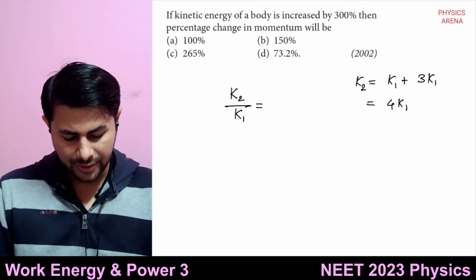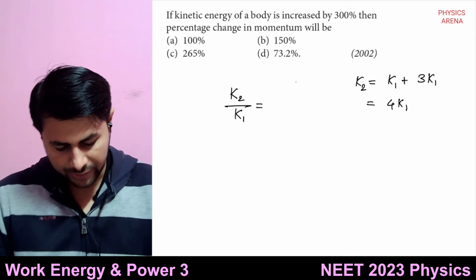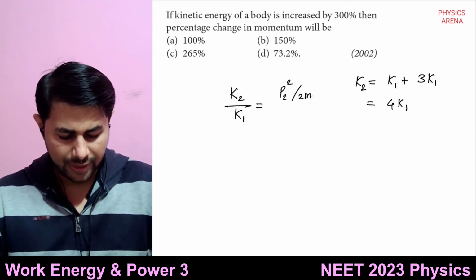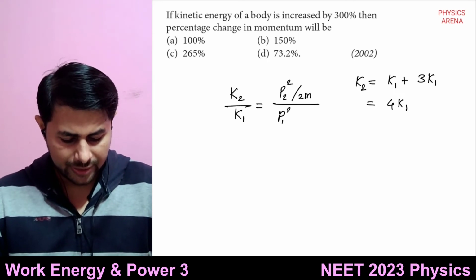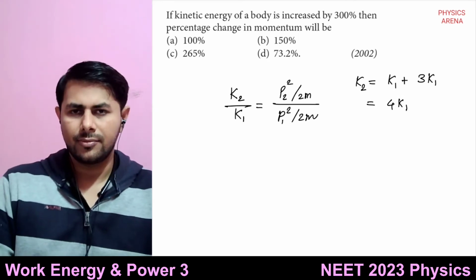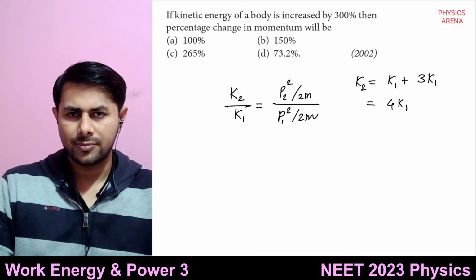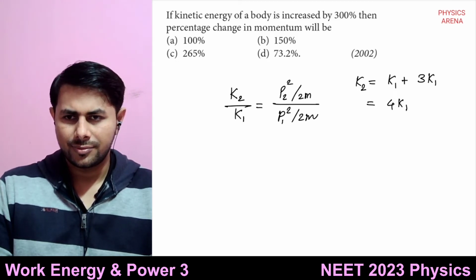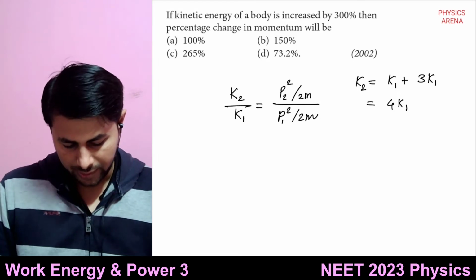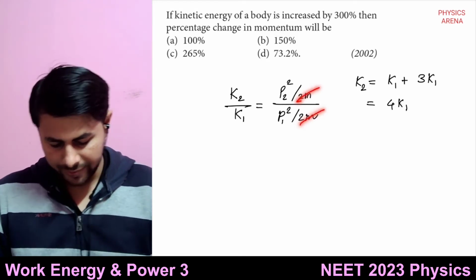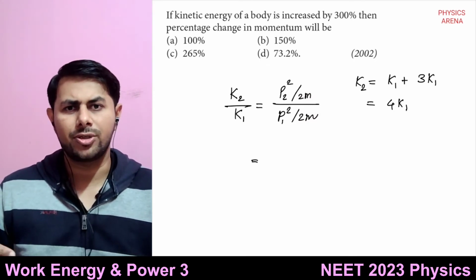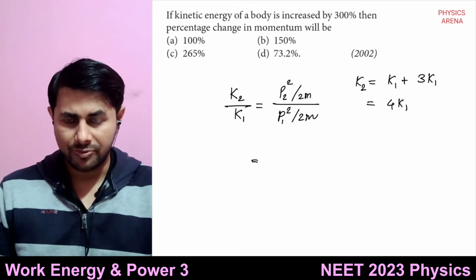And you know that it is equal to P2 square upon 2 times M upon P1 square upon 2 times M. So mass and mass will get cancelled, or you can directly say it is directly proportional to momentum square, because mass will not change.